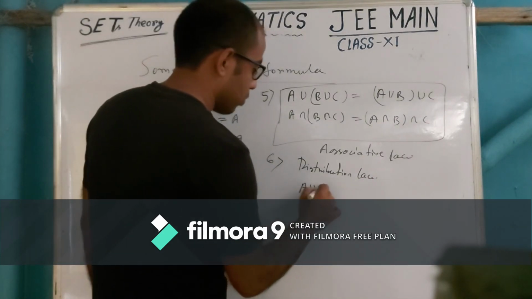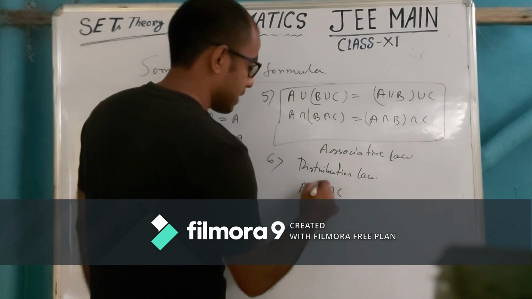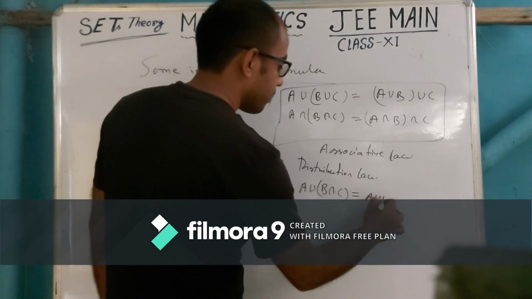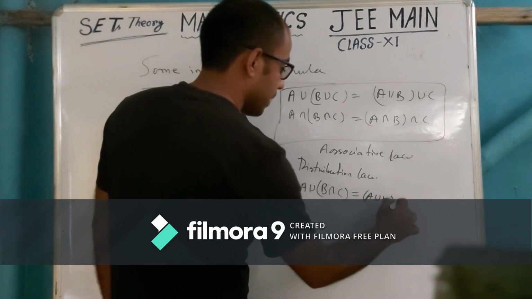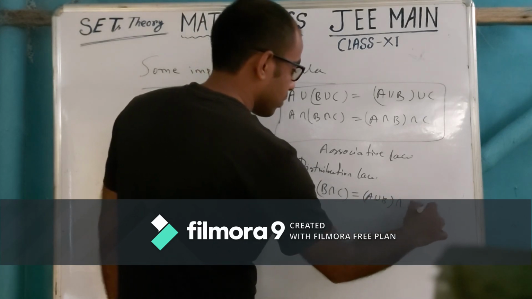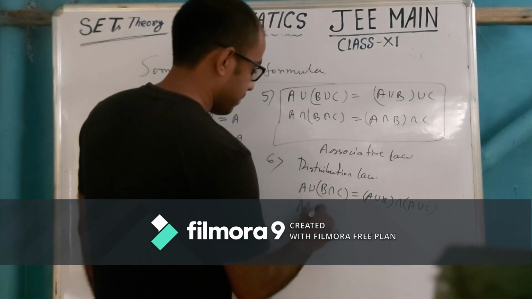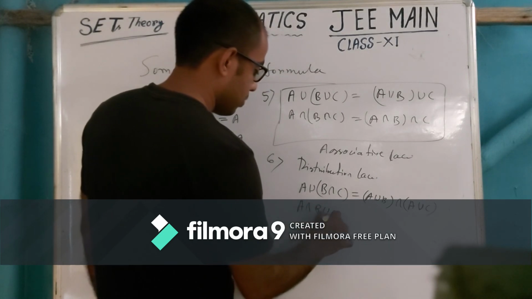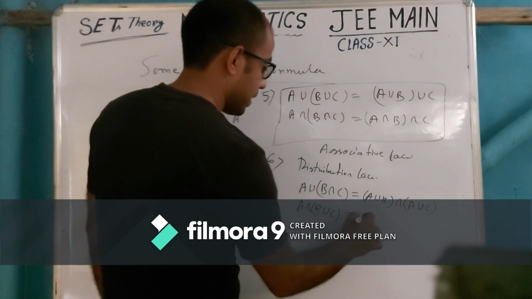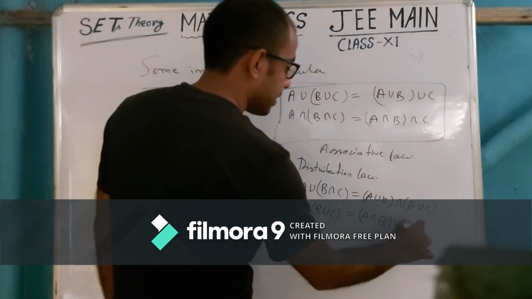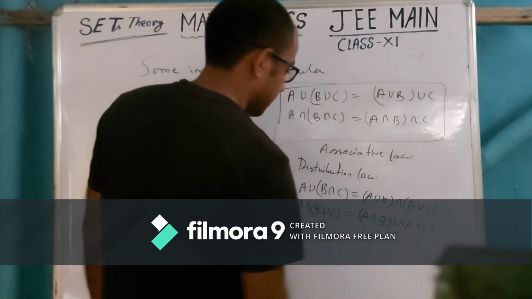A union (B intersection C) means (A union B) intersection (A union C), or A intersection (B union C) we can write as (A intersection B) union (A intersection C).